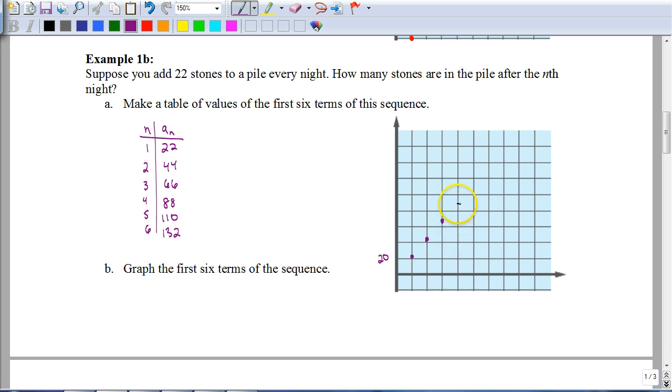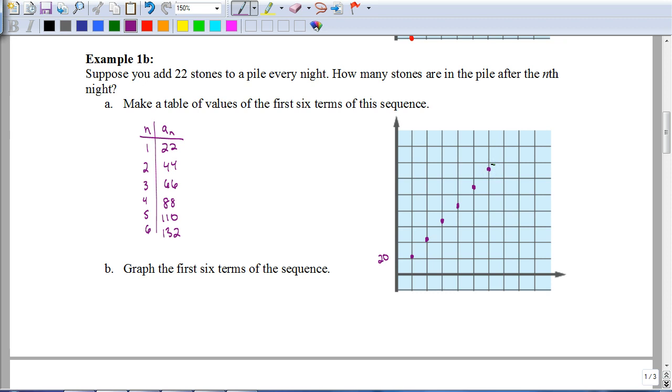88 would be almost halfway, because 70 would be halfway here. (5, 110). So here would be 100, so 110 would be halfway. And (6, 132). So this would be 120, 130, so this would be a little bit above halfway.